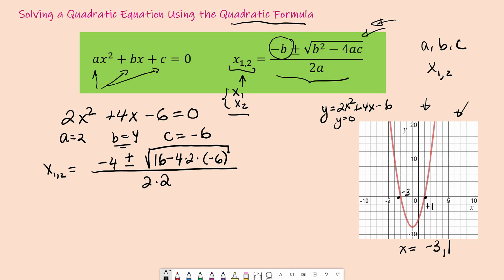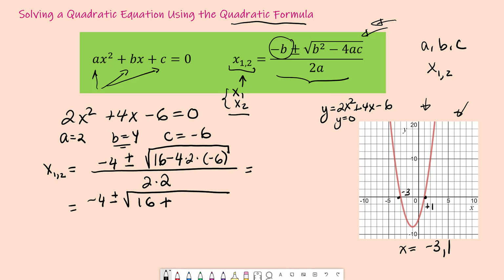Okay, let's look at this in more detail. That equals negative 4 plus minus the square root. Now we have 16, and we have two negatives here. We have negative 4 and negative 6. So a negative times a negative will give us a positive.